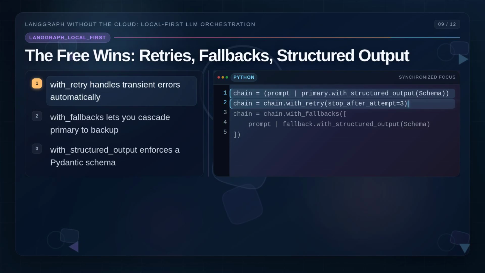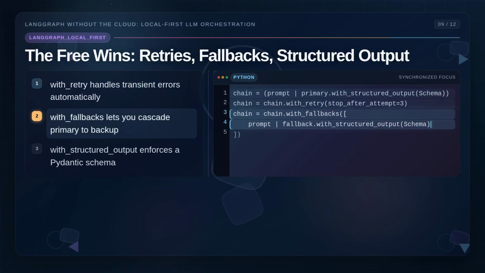Every runnable can be decorated with cross-cutting behavior. Calling with retry on a chain wraps it in an exponential back-off retry loop, configurable for which exceptions count as transient. Calling with fallbacks gives you a primary chain and a list of backup chains. If the primary raises, LangChain transparently tries the next one.